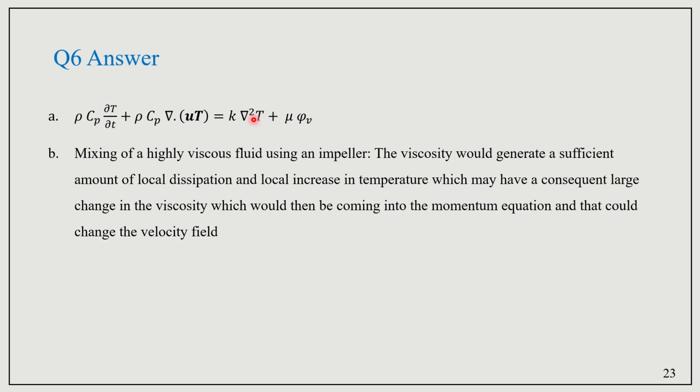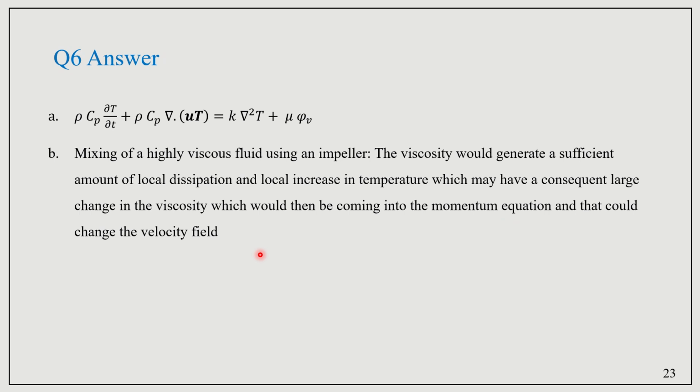Consider mixing of highly viscous fluids using an impeller. The viscosity effects will be very high, and because of that the viscosity would generate a sufficient amount of local dissipation and local increase in temperature, which may have a consequent large change in viscosity, which would then come into the momentum equation and could change the velocity field.